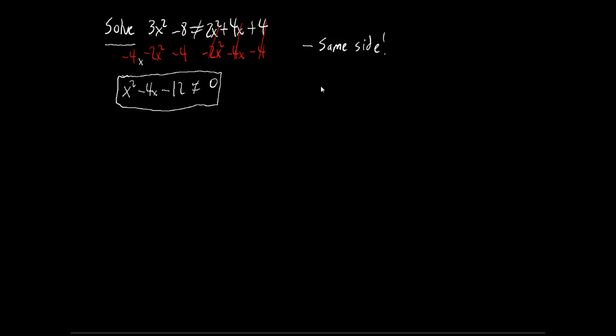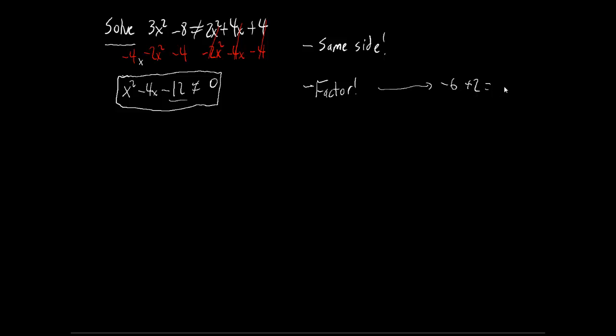So once we've got everything on the same side, our next order of business is to try to factor it. Okay? So let's try to find factors of negative 12. Well, let's see. We could do negative 6 and positive 2. Because when you multiply those together, you do get negative 12.